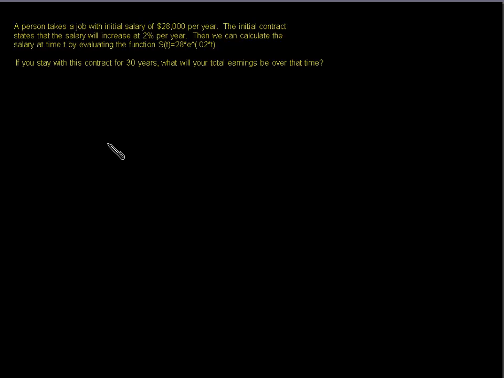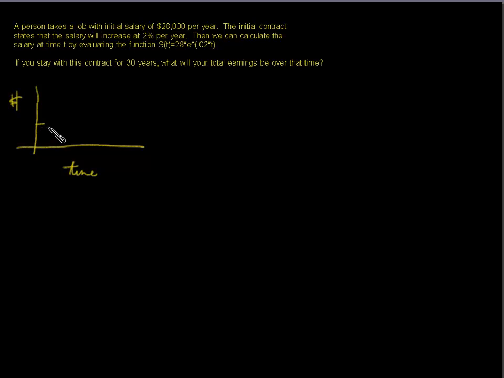If you stay with this contract for 30 years, what will your total earnings have been over that time? And I think we'd ought to draw a diagram. So this is a straight line, that's my vertical axis, there's my horizontal axis, time, and salary.